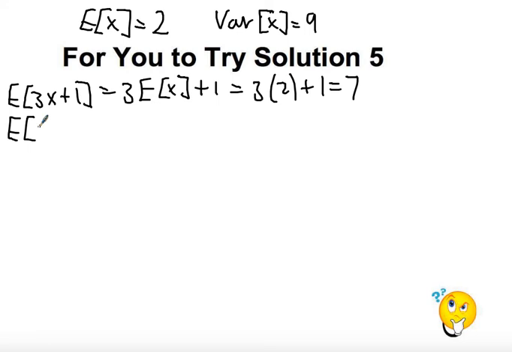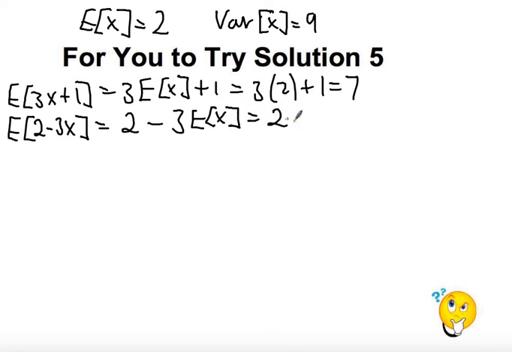I can now do the expectation of 2 minus 3x. So we get 2, take away 3 lots of the expectation of x. So 2 minus 3 lots of 2 equals 2 minus 6, we get an expectation of minus 4.